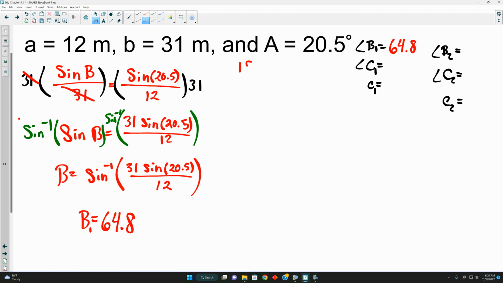So 180 minus 64.8. The other angle B is going to be 115.2 degrees. So those would be our two triangles, the values of B.